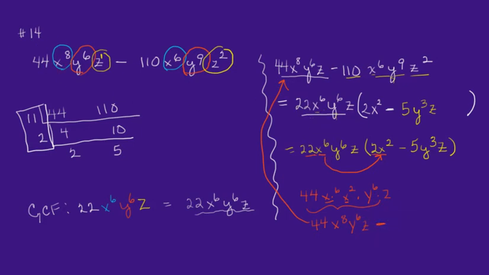So here, and let's do this in pink. So now we've got 22 x to the 6th, y to the 6th, z times 5y cubed z. So 5 times 22, well, that is 110.